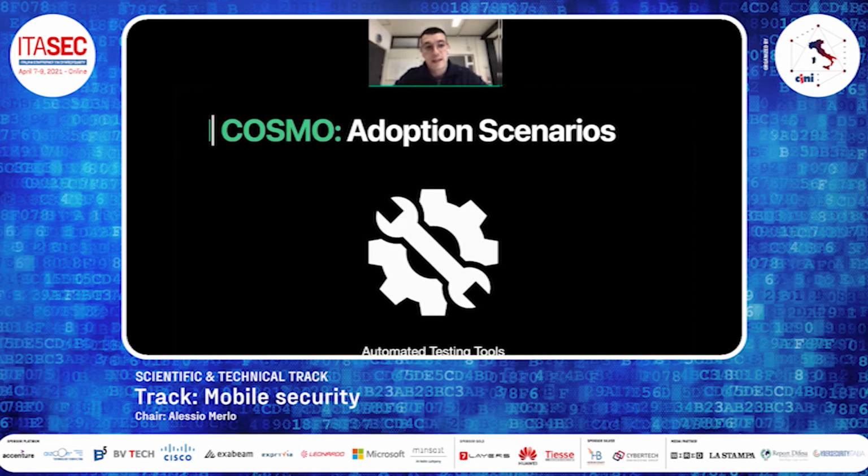But moreover, researchers can use COSMO when developing novel test case generation approaches. For example, you need to test a new automated testing tool, for example, a new Sapienz or a new Monkey, and so on.